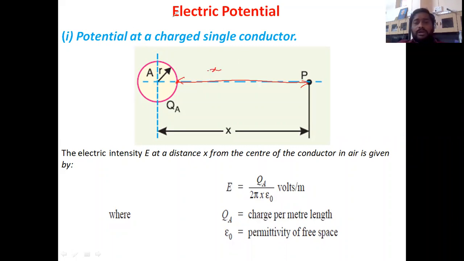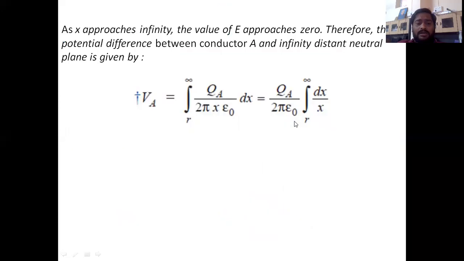That's why we consider the limit from R to infinity. QA upon 2 pi epsilon 0 is the constant, times the integration from R to infinity of dx upon x. Now this is the final formula for the single charged conductor having point P outside the conductor, and this formula is utilized in the numericals and also in the derivation of the single-phase and three-phase transmission line.